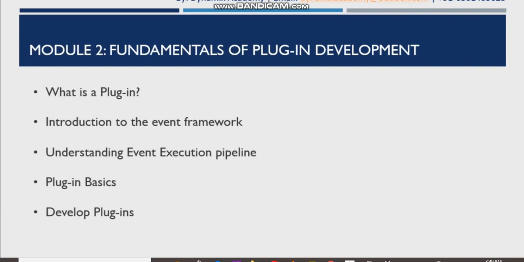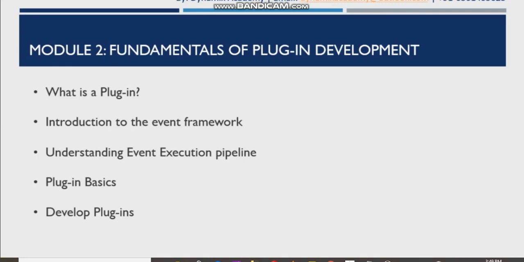And in this module, that is module number 2, the fundamentals of plugin development, we will first see what is a plugin. Then I will introduce you to the event framework in Dynamics 365, and then we will deeply understand the event execution pipeline of Dynamics 365 plugins.